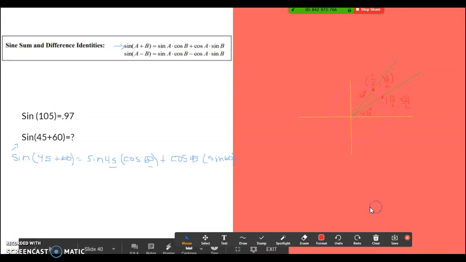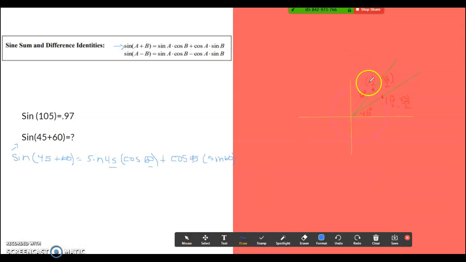Okay, I'm so proud of you if you pulled those sine and cosine values from your memory. But recall on the unit circle that the terminal points tell you the sine and cosine value: the x terminal point at that angle is the cosine of that angle, and the y is the sine.